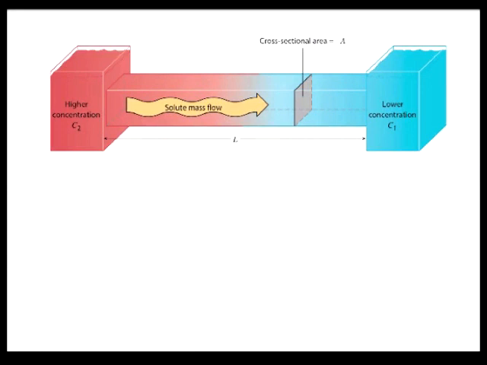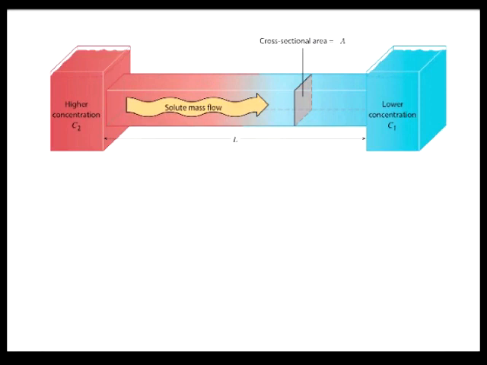These concentrations are defined as the total mass of the solute molecules divided by the volume of the solution, for example, 0.01 kilograms per meter cubed. Because of the difference in concentration between the ends of the channel, delta C equals C2 minus C1, there is a net diffusion of the solute from the left end to the right end.